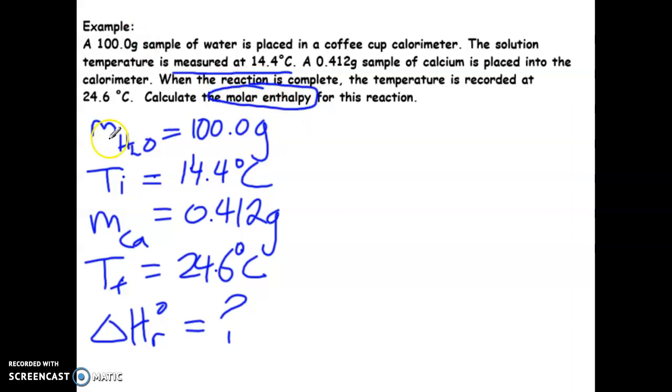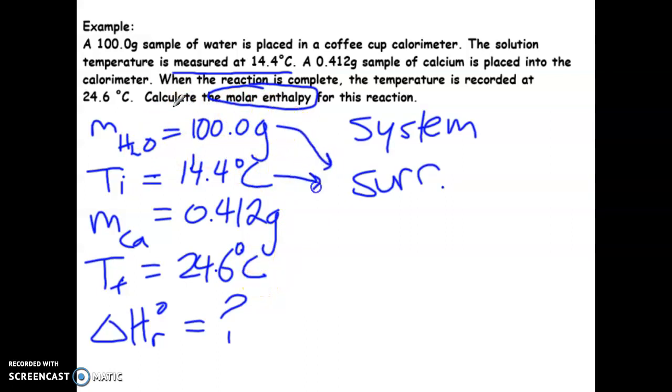So we have quite a few concepts that are kind of coming together here. So this reaction is involving both the system and the surroundings. So you have to think the water and these temperature changes that are being recorded are all from the surroundings.